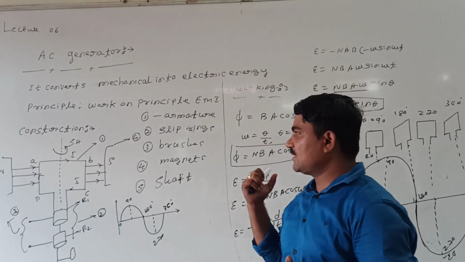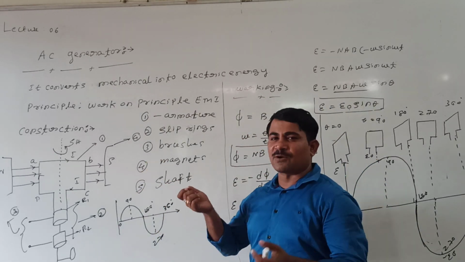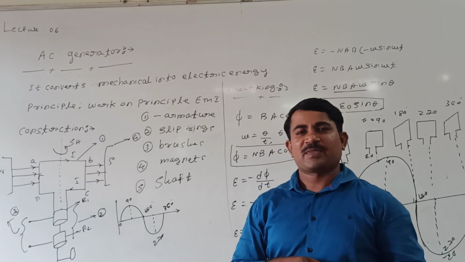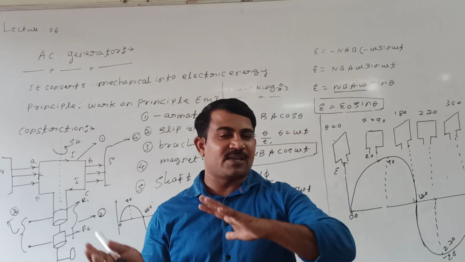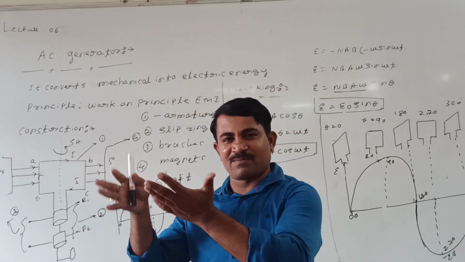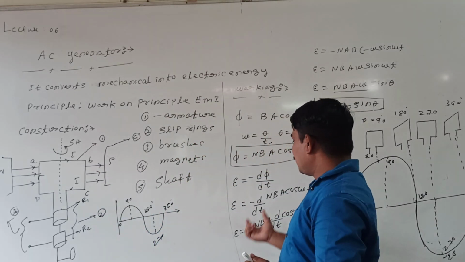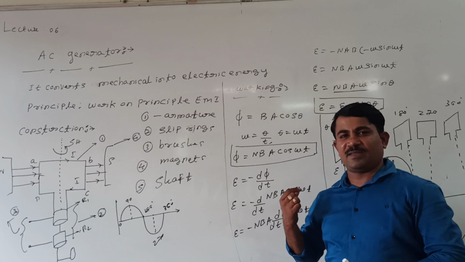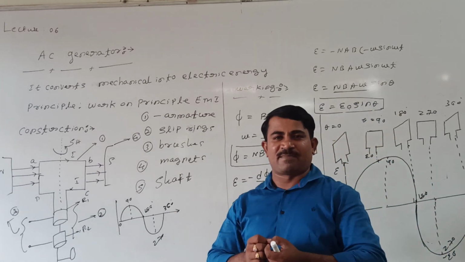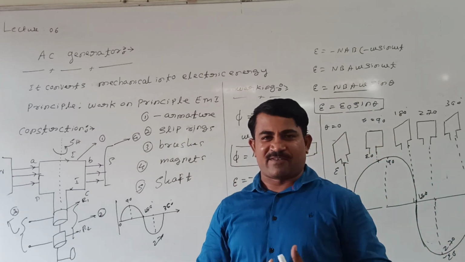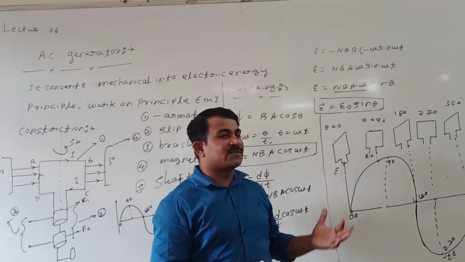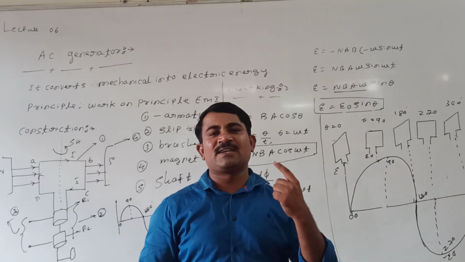But for our syllabus, simply whenever a coil rotates in a uniform magnetic field and EMF is induced in the coil, the induced EMF changes from 0 to maximum and maximum to 0 again in reverse direction. So this is one of the phenomena when a coil rotates in a uniform magnetic field. This is the phenomenon we use in the next chapter, alternating current.